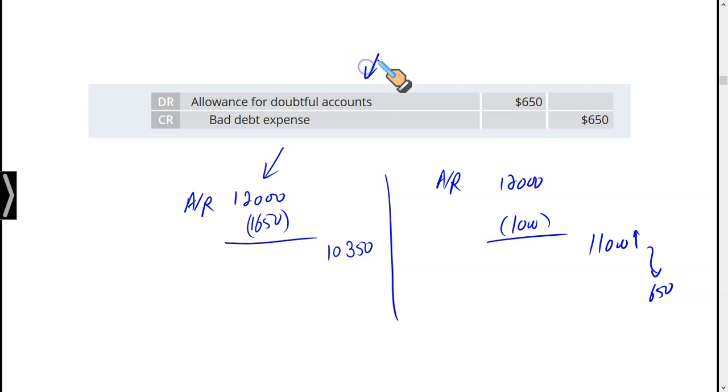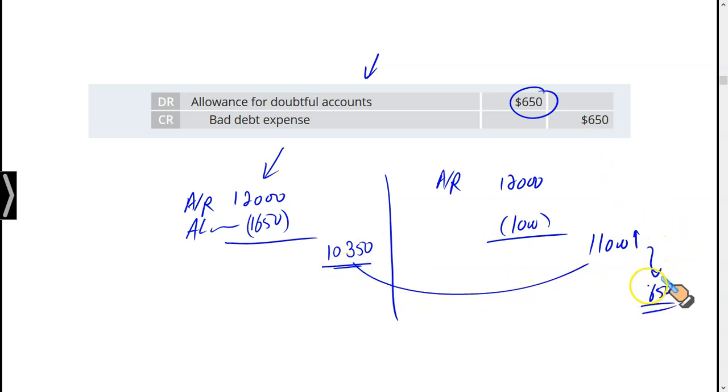When we make this rectifying entry, the $650 is debited against the allowance for uncollectible accounts. The balance in allowance would reduce from $1,650 to $1,000. Your accounts receivable stay the same. As a result, your net receivables would increase by $650, and a net increase in receivables is an increase in your current assets.